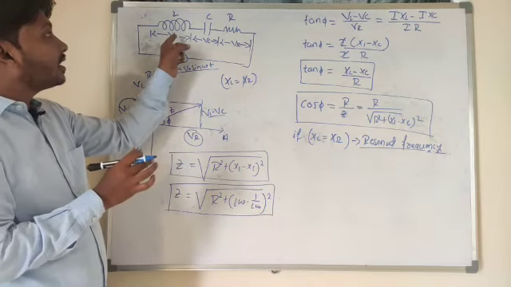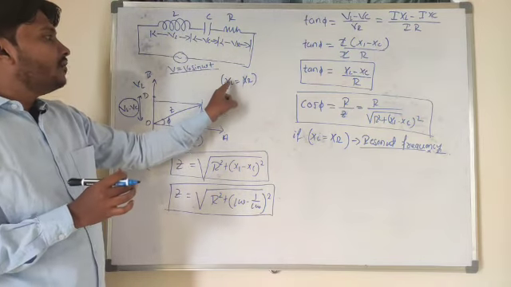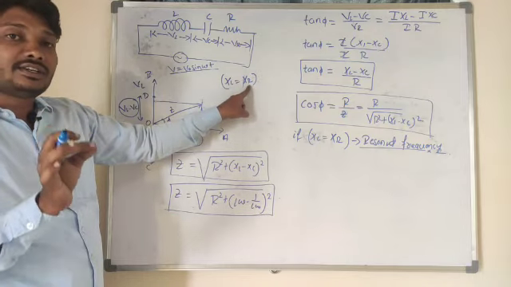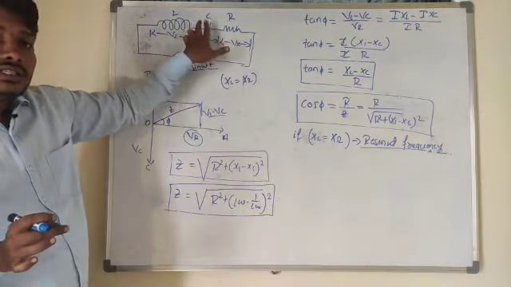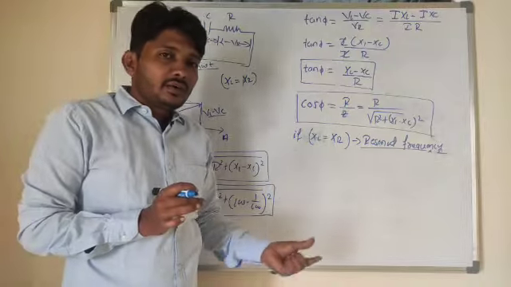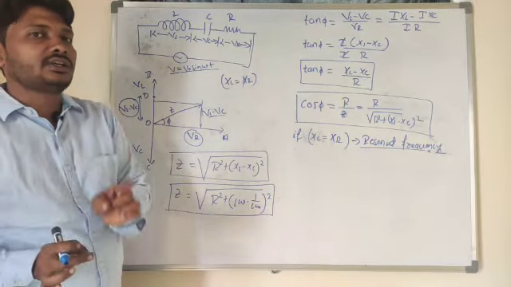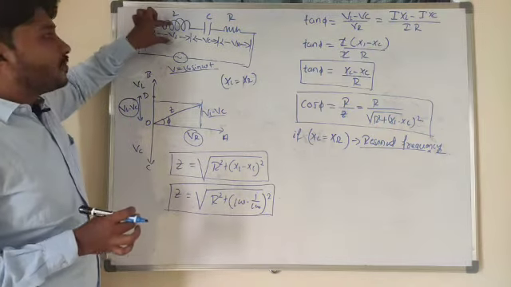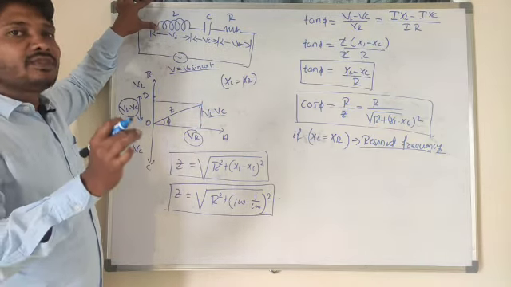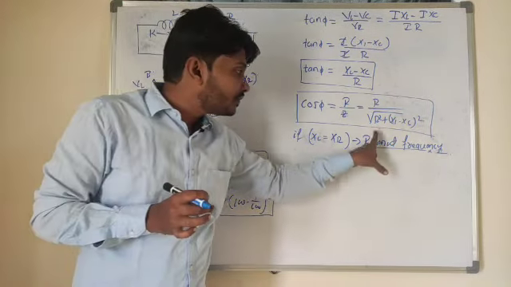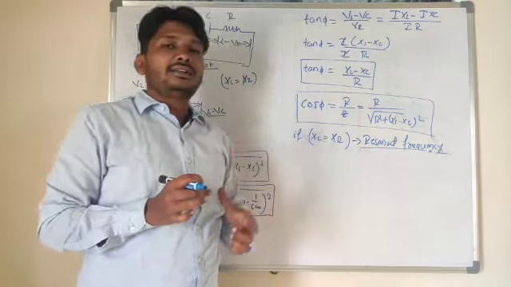For one particular frequency there is a maximum current in the LCR circuit. That particular frequency I can call the resonant frequency.